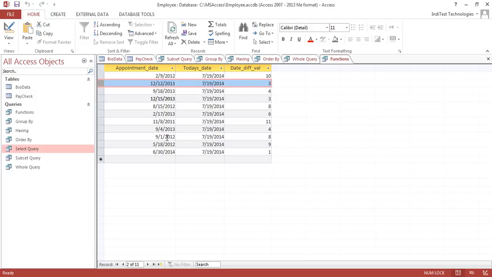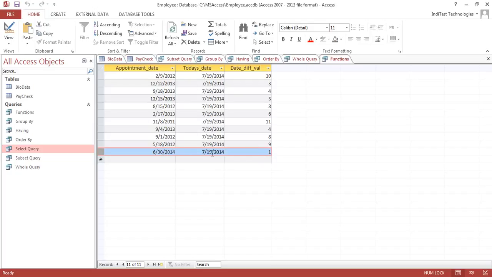And the answer could not be better justified than by looking at this row itself. This represents that the appointment date was 30th of June 2014 and today's date is 19th of July. Although the difference between these two dates is merely 19 days, it is still showing me that one quarter has passed since this date changed to this.